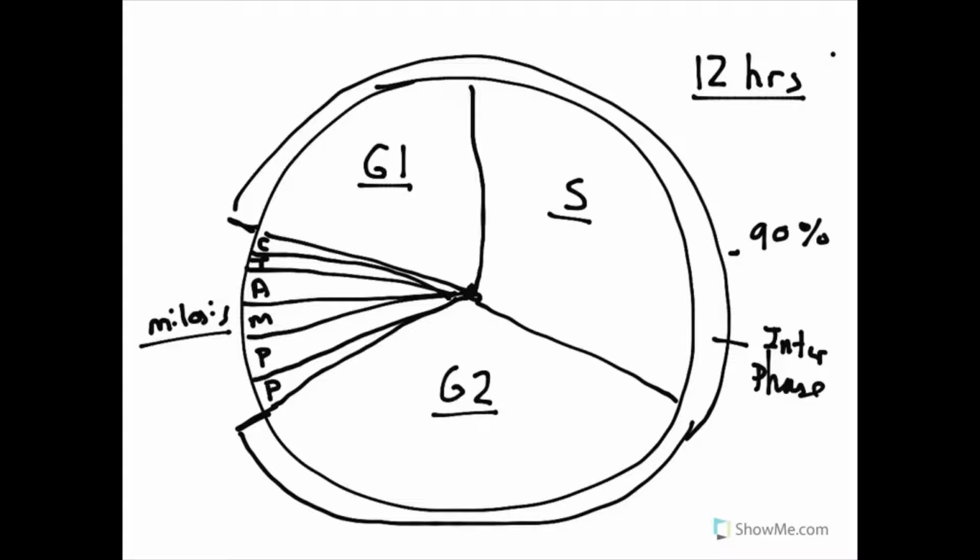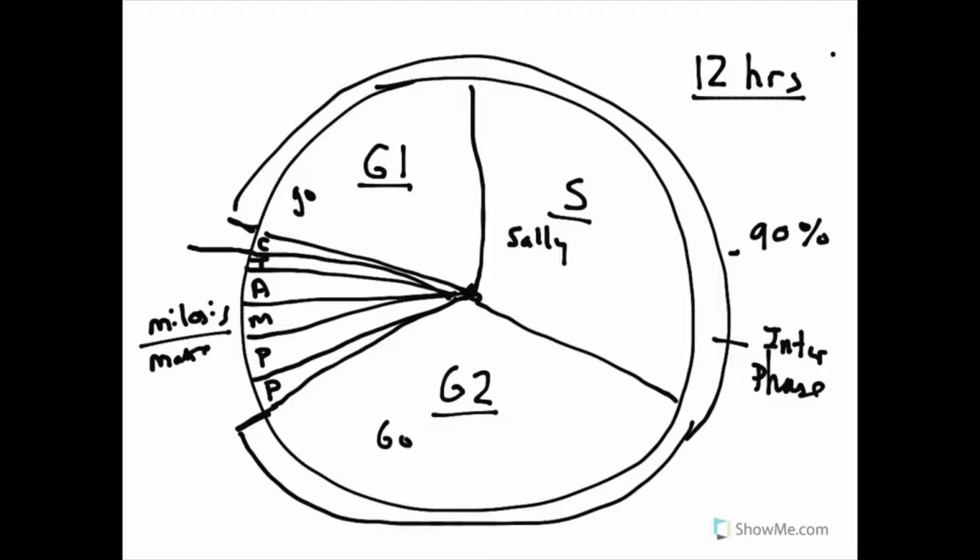Now, to remember all of these, you have mitosis and interphase. For interphase, think of Go, Sally, go. Make, mitosis, make.